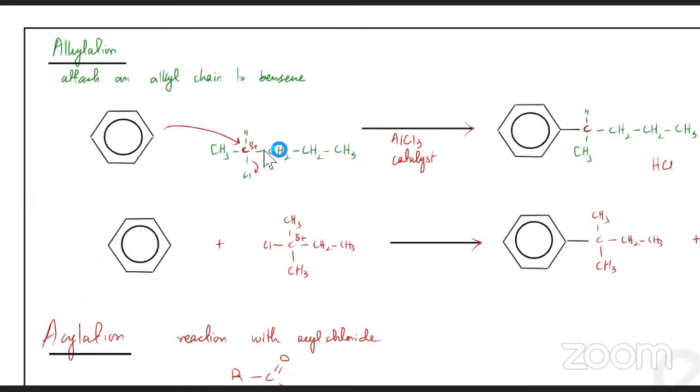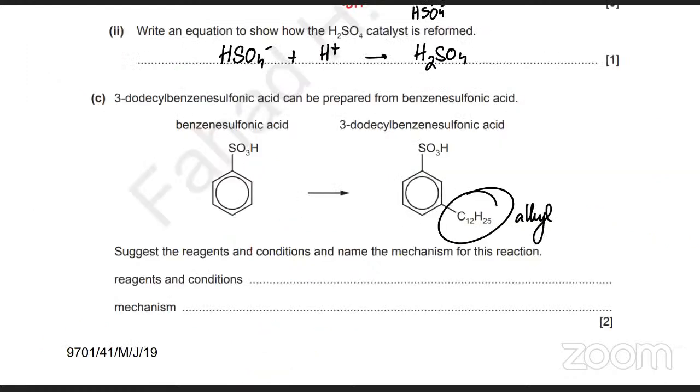If you want a carbon chain to get attached to a benzene, the carbon must have a Cl attached to it, because then it's going to have a slight positive charge. So this thing, C12H25, must have a Cl attached to it, because that Cl will result in one of the carbons being positive, and that positive carbon will get attached to the benzene. Is this clear?